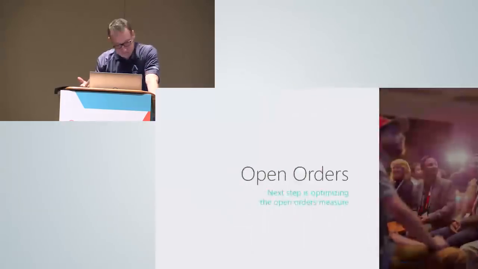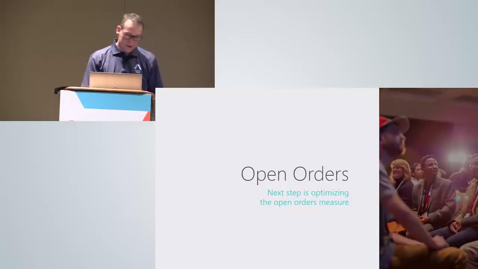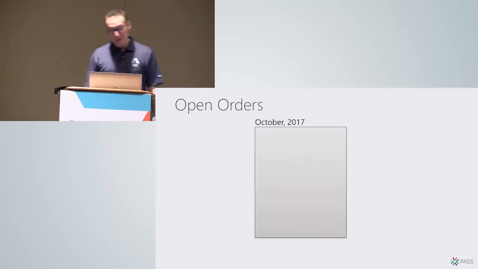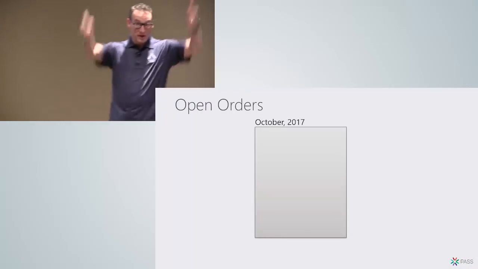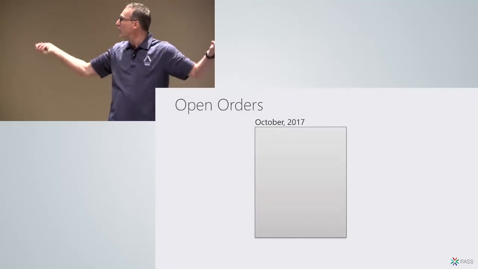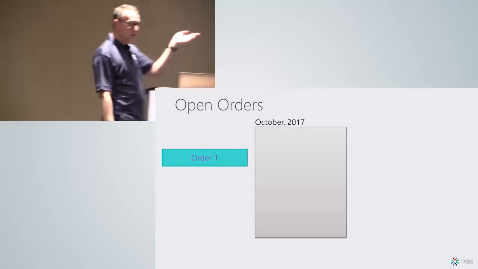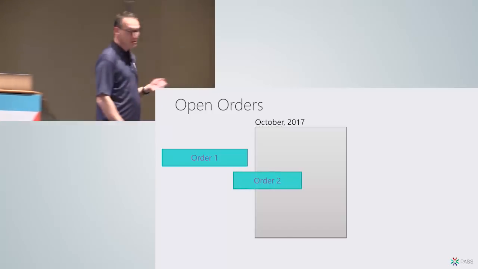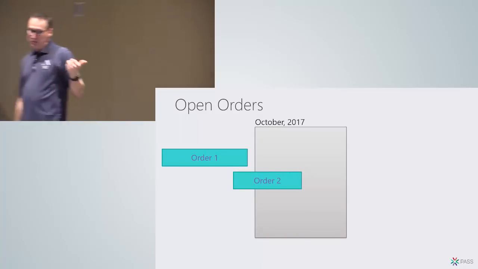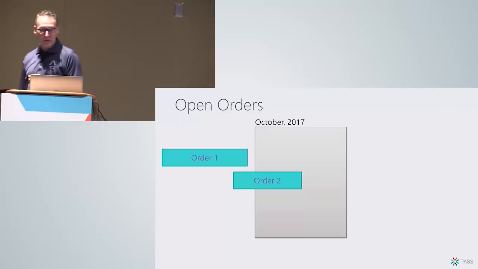It's harder to speak about the open orders looking at that, but it's much simpler if you think about what it means for an order to be open. When you have a selection on time, let's say you have one month, you have multiple orders. Order 1 ended before the beginning of October, so it's not open. Order 2 started earlier and is not yet finished. That is open.